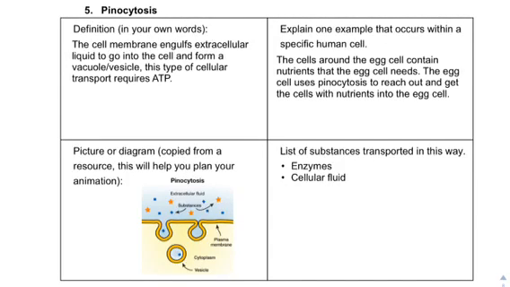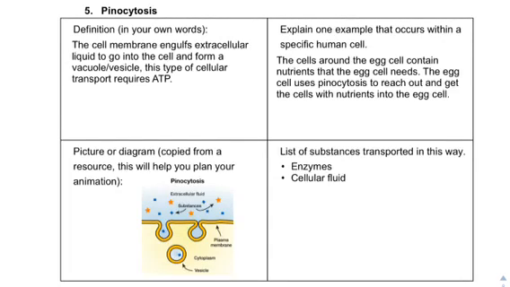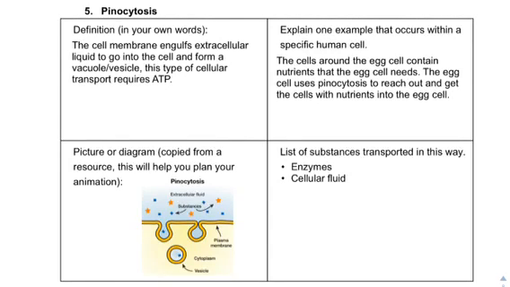One example that occurs within a specific human cell is the cells around the egg cell contain nutrients that the egg cell needs. The egg cell uses pinocytosis to reach out and get the cells with nutrients into the egg cell. A list of substances transported in this way are enzymes and cellular fluid.